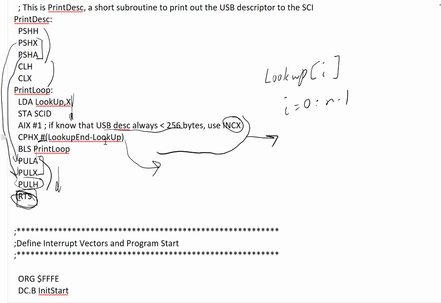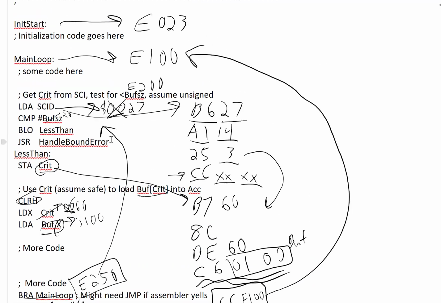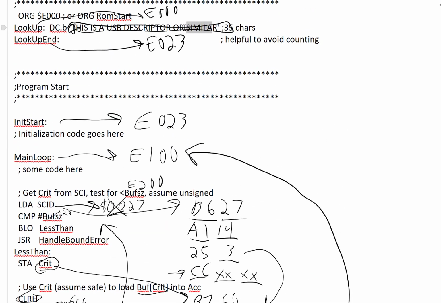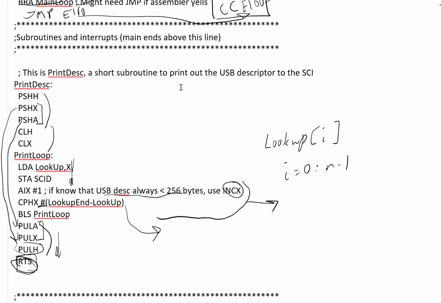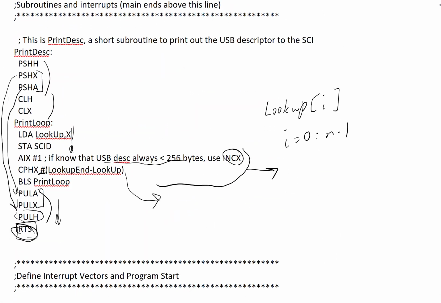I didn't put something here that's the length of a string. This difference is going to be accurate even if I come back up here and change this string and take out a word or something. I don't know how long that is now, but the difference between these two labels will be the length of the string.